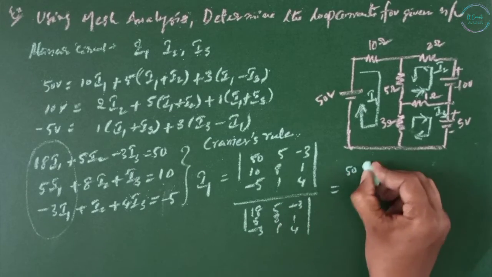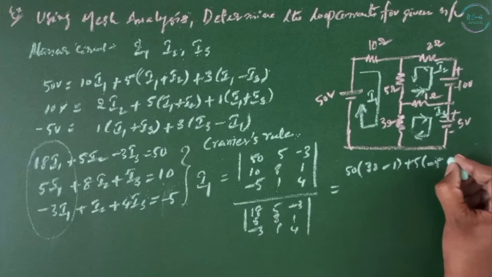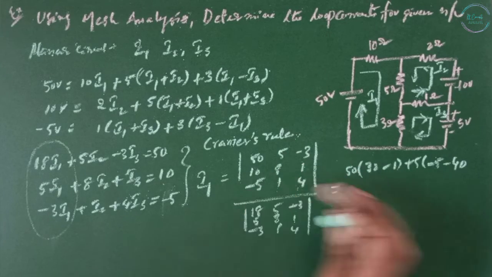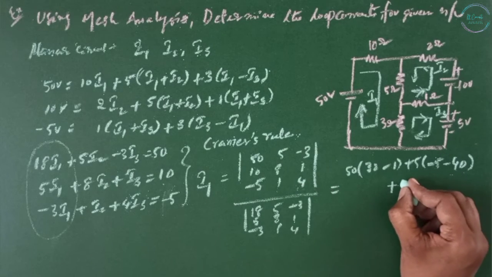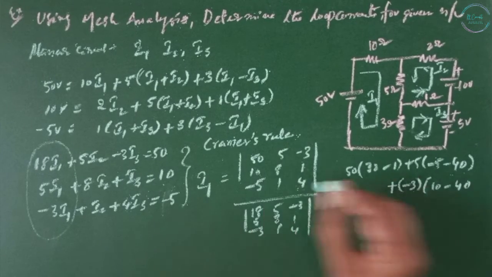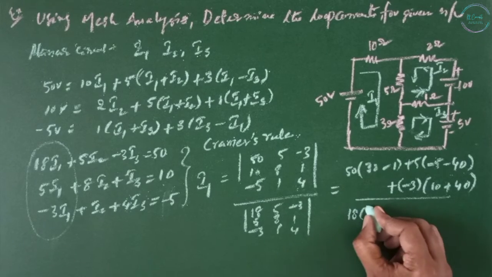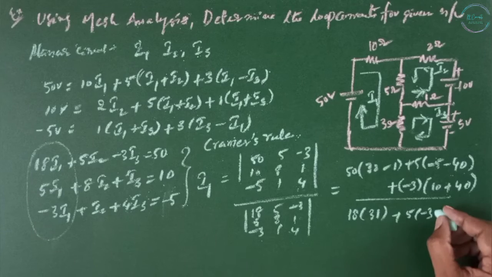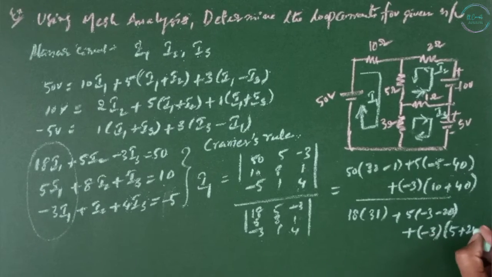So 50 times (32 minus 1), plus 5 times minus 5, and 5 multiplied by 1 into minus 5 is minus 5. 4 into 10 is 40, and minus times minus 3 of minus 40, so plus 40, divided by 18 (31) plus 5 (minus 3) minus 20, plus minus 3 (5 plus 24).